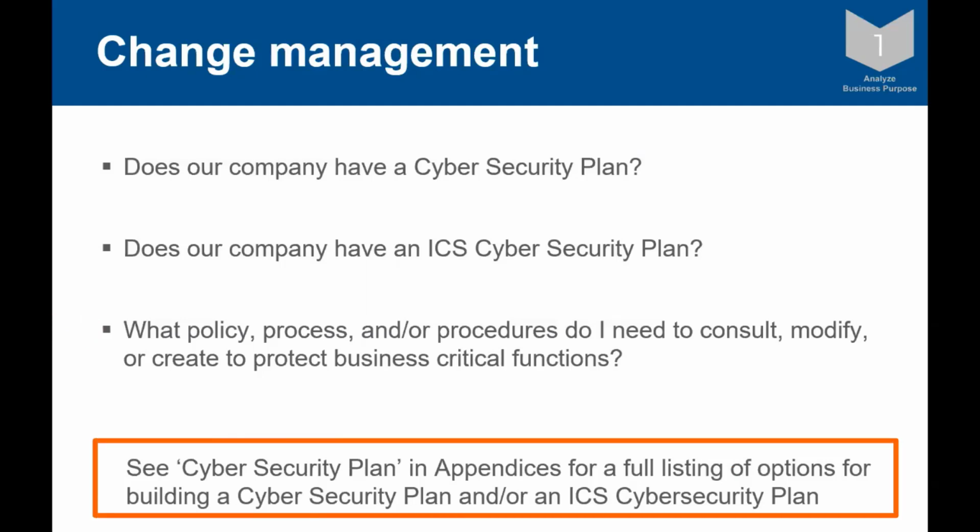There is a cybersecurity plan appendix in this document that actually has a full listing of options for building out a cybersecurity plan and/or an ICS cybersecurity plan. You'll find several sections of documents from multiple industries and multiple sectors that address areas within a cybersecurity plan you can utilize for creating or appending your current cybersecurity plan.